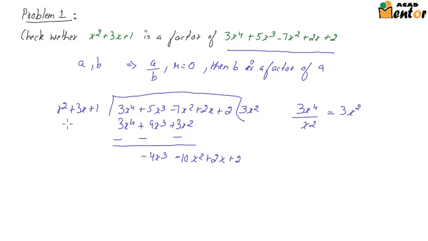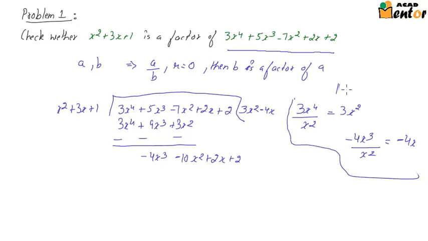Let's find the second term of the quotient. So we have to get minus 4x cube when we multiply x square with a number. So that number would be given as minus 4x cube divided by x square, which will be minus 4x. So the second term of the quotient would be minus 4x. So let's separate these areas.